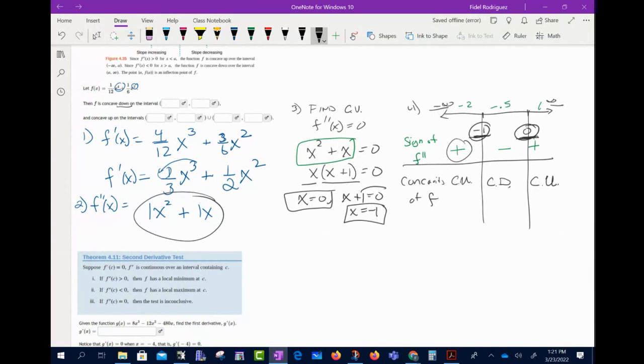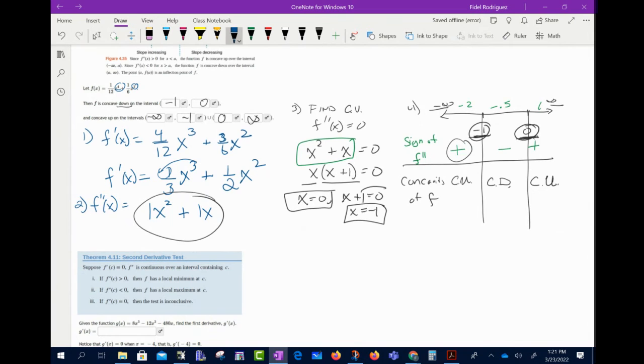Between what two numbers? Negative 1 and 0. That's when it's concave down. Okay, it's concave up over which intervals? Yes. Negative infinity to negative 1. When else? 0 and positive infinity. Very good.